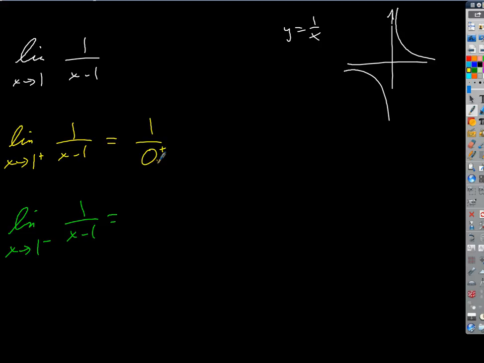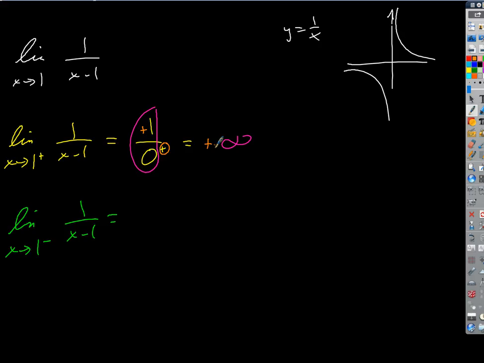So this part right here is telling me that I've got infinite behavior, and that part right there, if I look at the signs of the two, I've got a positive over a positive, so that's a positive 1. That tells me that it's a positive infinity. See how we're doing that?